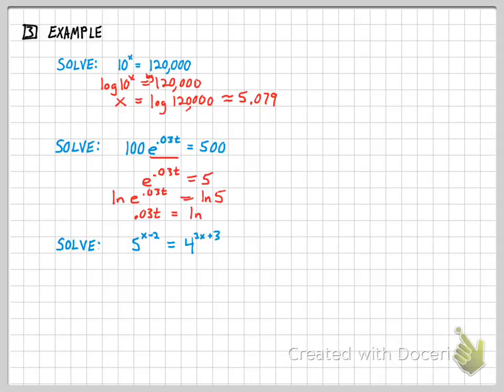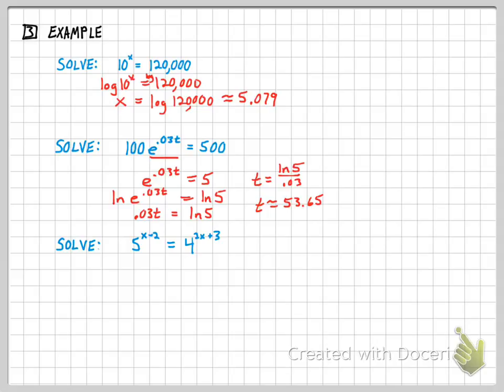The answer to that is log 5, which is just a number, and so if I were solving for t, the exact answer is log 5 divided by 0.03, and if you wanted the approximation, sometimes you'll be asked to do that, that's going to be approximately 53.65.